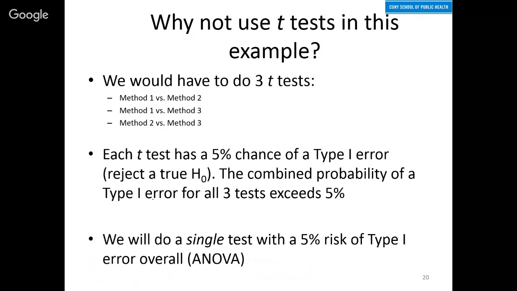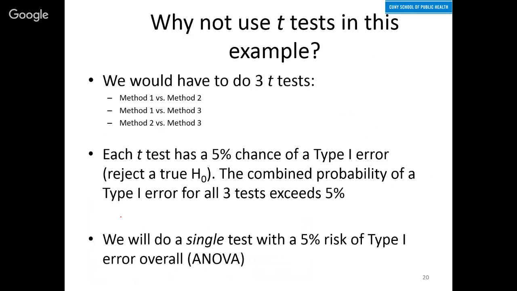So why not just do t-tests? For one thing, we would have to do 3 of them. So there's a problem of what we call multiple testing, inflation of type 1 error rate. Each one of those t-tests has a 5% type 1 error probability. So the probability of a type 1 error occurring at least once among all 3 of them is going to be higher than 5%.